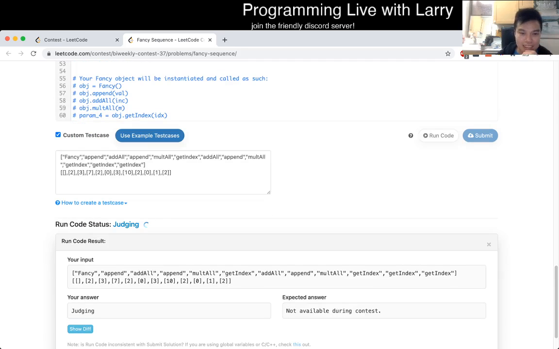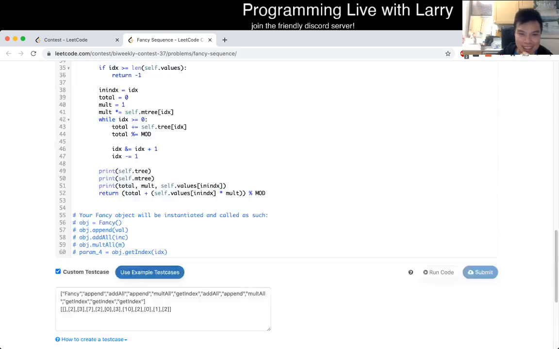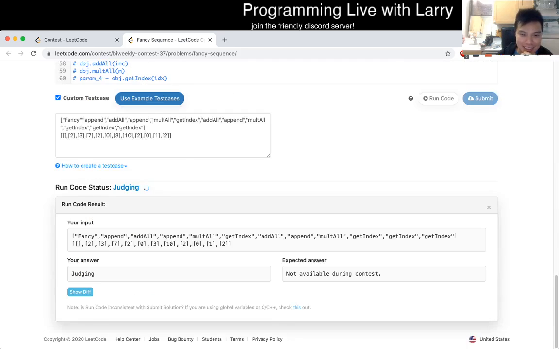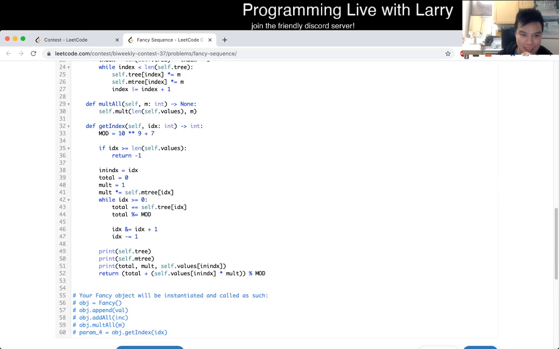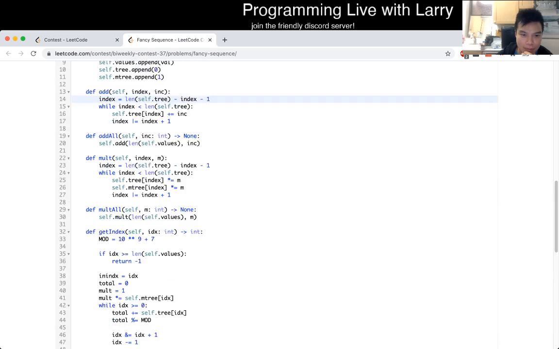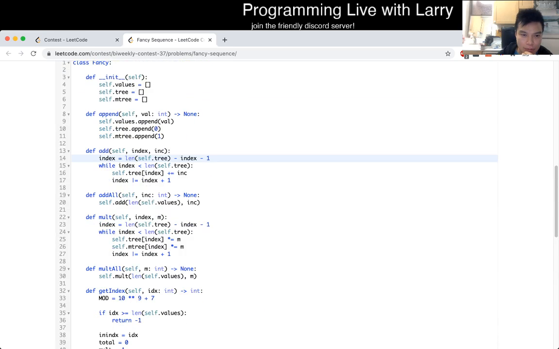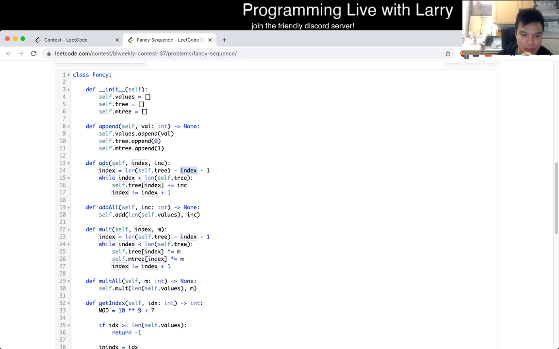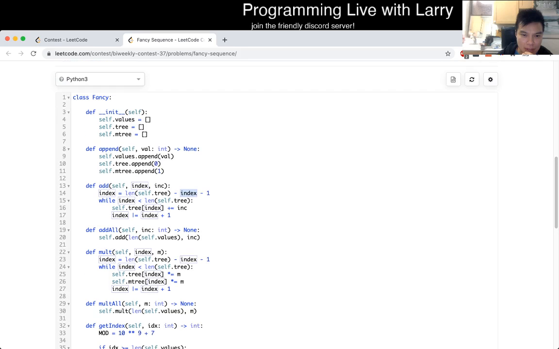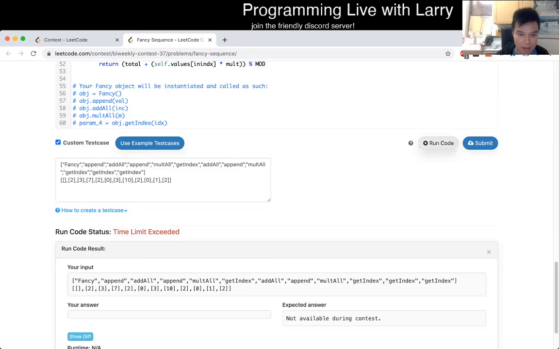Come on, I'm doing like 10 loops. Give me the answer. Oh. Does this become -1 or something? Index. Yeah, I guess it becomes -1. How am I off by 1 though? Am I off by 1?